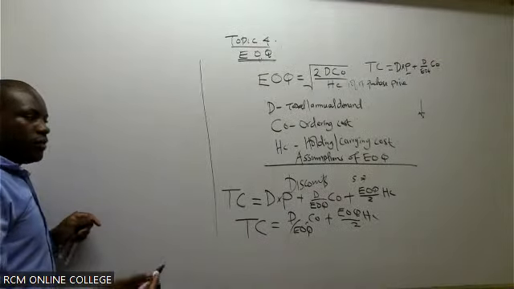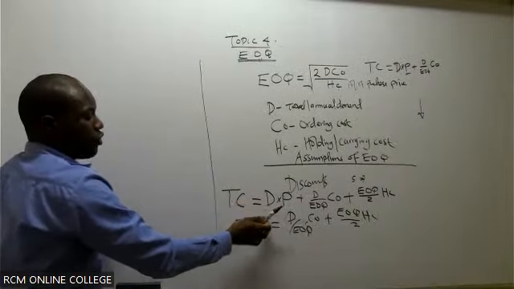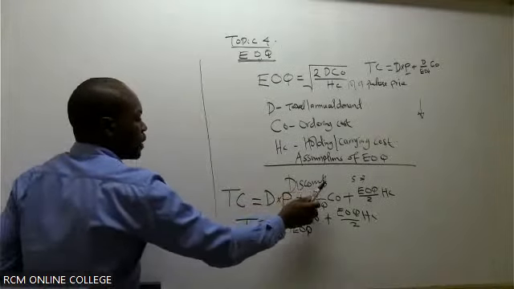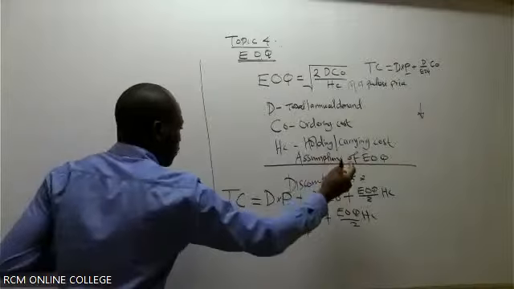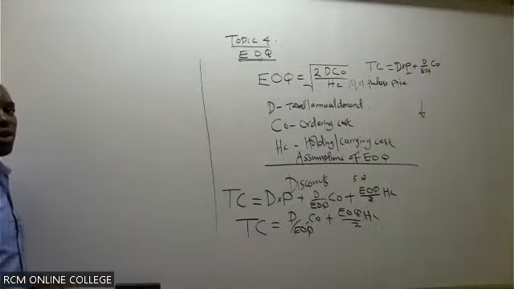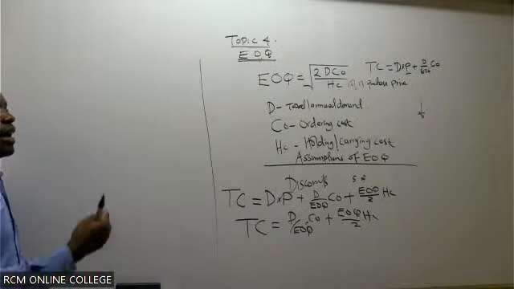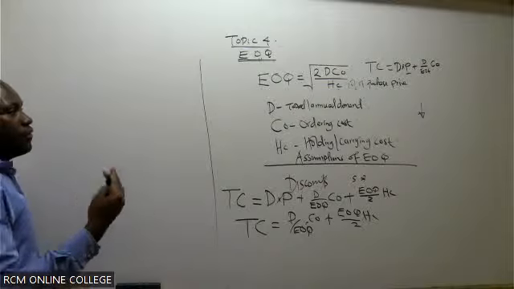In some cases you find they know the purchase cost is constant, and therefore your total cost will not be affected by it, but will be affected by total ordering cost and total holding cost.